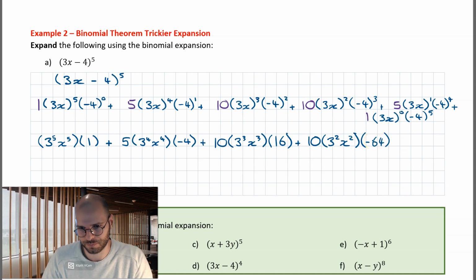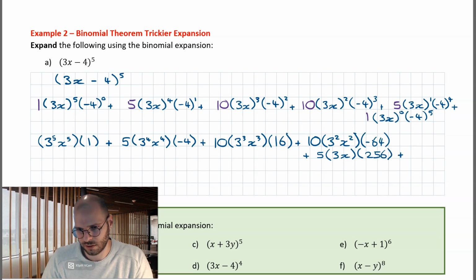Okay, plus we've got 10, 3 squared, x squared, and then 4 cubed is going to be minus 64, because it's negative. Okay, plus 5, 3 to the 1, x to the 1, don't need to show that, and minus 4 or negative 4 to the power of 4 is going to be 256.